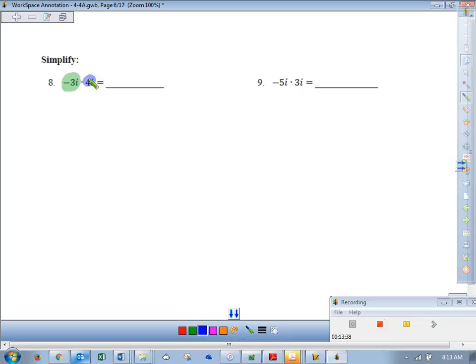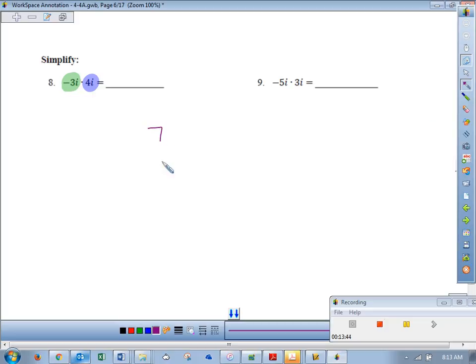What about this guy? Is he real or is he imaginary? He's imaginary. If I was to list some other things, is that real or is that imaginary? 7. That's a real number. Now if I write this, doesn't it have 2 different guys with it? One of them is imaginary, correct? And one of them is real. That's called a complex number.